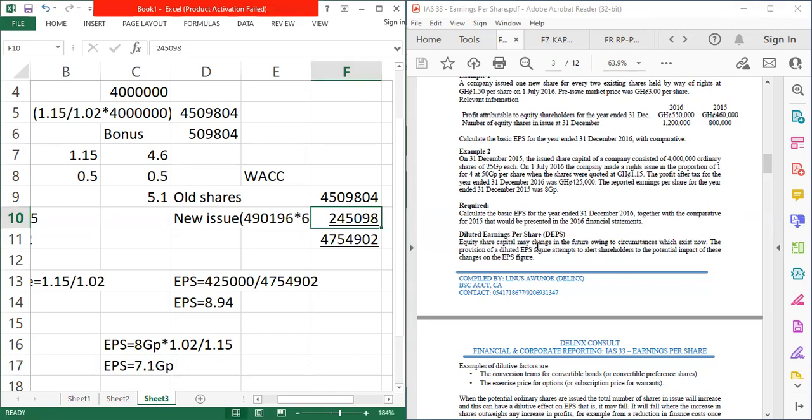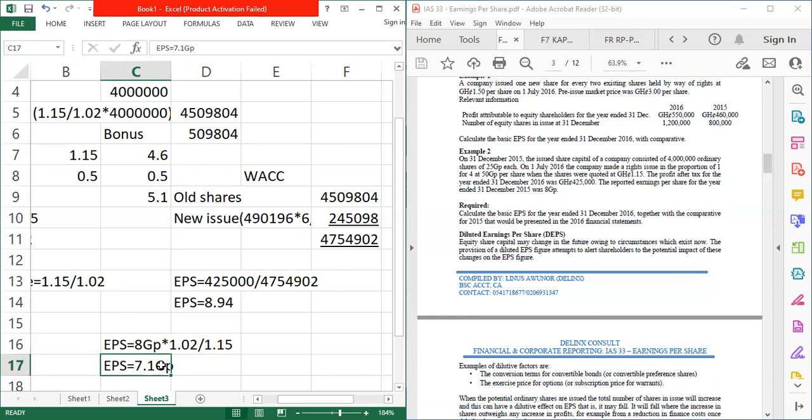We will talk. Let's come to diluted earnings per share. If you are talking about diluted earnings per share, right now, what is our earnings per share? It is 7.1p.